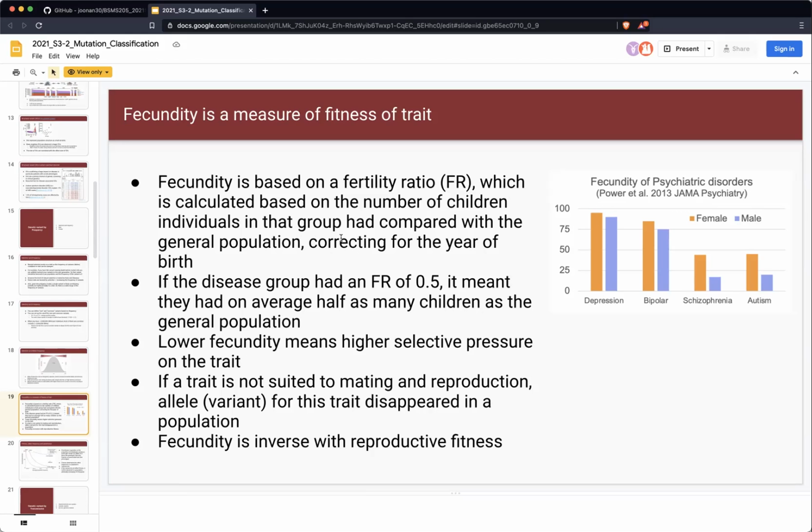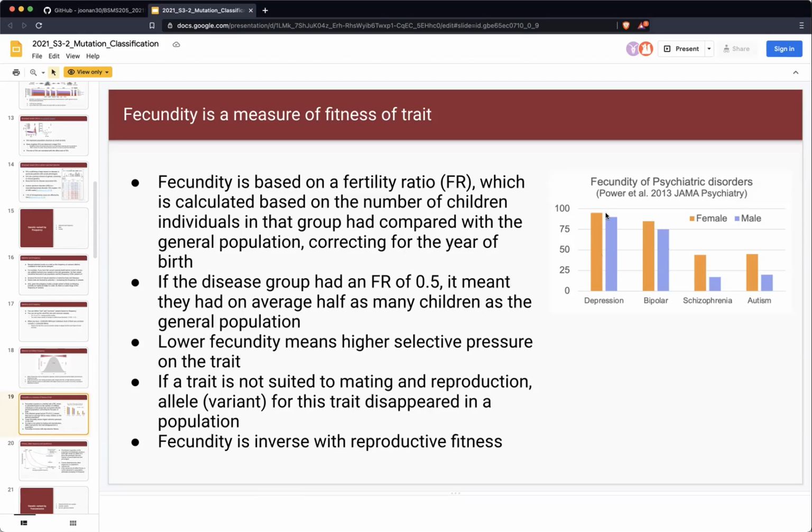So if you look at individuals diagnosed with depression, right? You measure their fertility: how many depression patients have children in a year, and then you compare with the numbers from the general population.